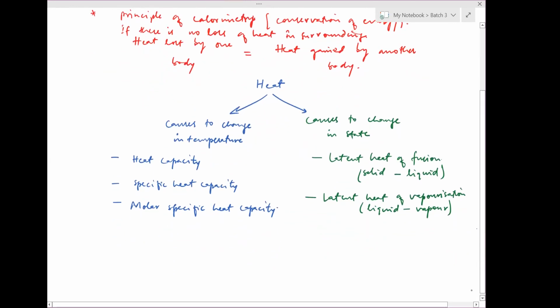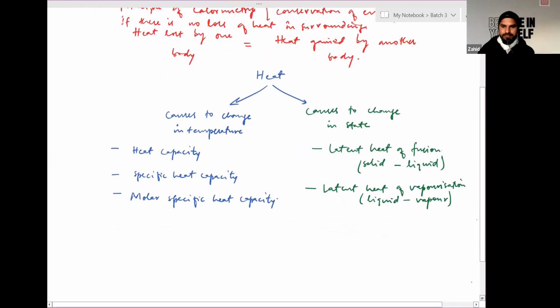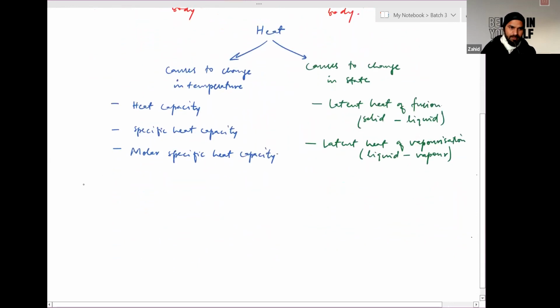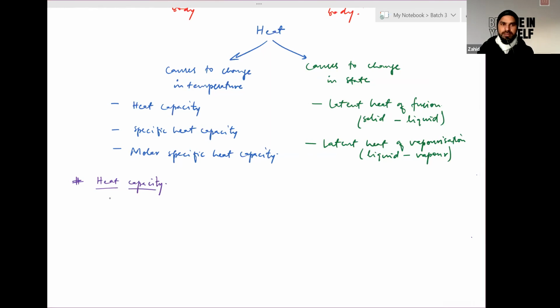Okay, let me define these terms, what they mean. First is heat capacity. It is the amount of heat required to change the temperature of any substance by 1 degree centigrade.